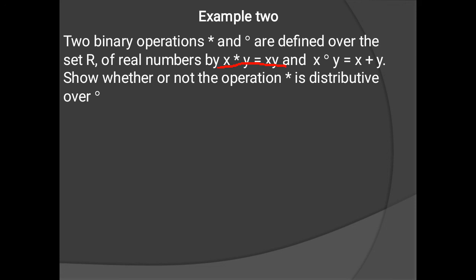So wherever you see the star, its rule is the first one times the second one. And the operation that looks like a circle, its rule is x plus y, the first one plus the second one.